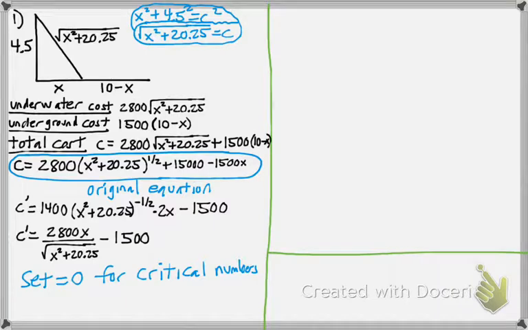So let's see, I don't have enough room. I'm going to start back up here. So I have 2800x over the square root of x squared plus 20.25 minus 1500 is equal to 0. So I'm going to actually move that 1500 to the other side.